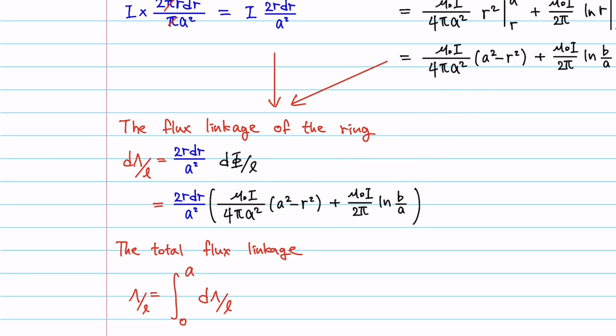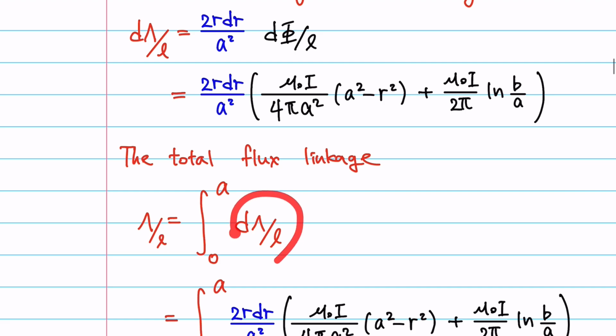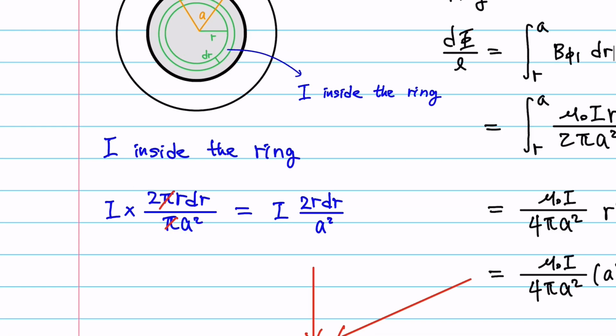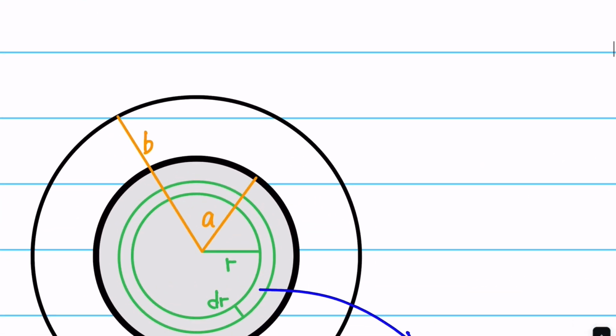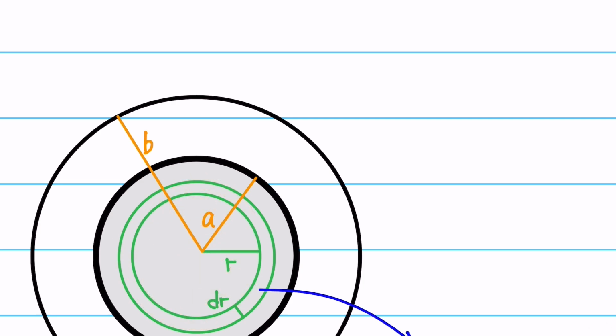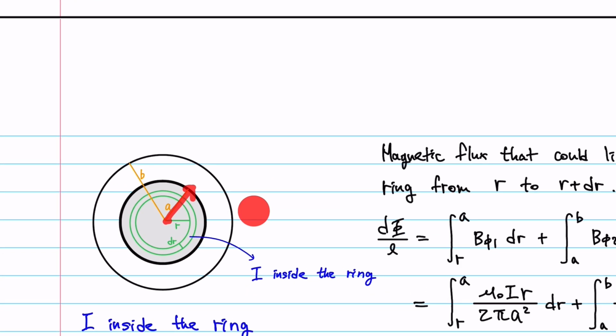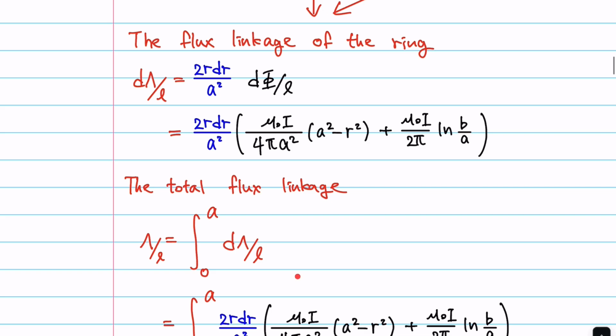In order to calculate the total flux linkage, you need to add all the tiny bits of the flux linkage from 0 to a, because if you look again, we are dissecting these gray areas into multiple rings, and so we have to integrate from 0 all the way to a. That way we're going to cover the whole gray space.